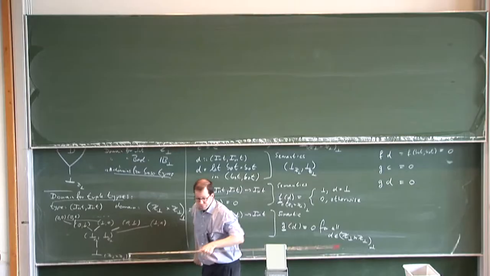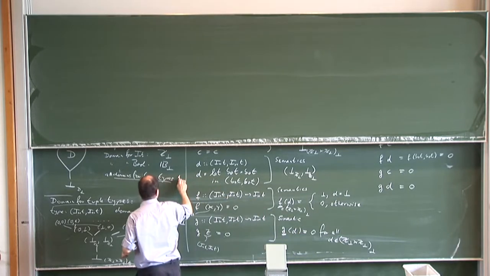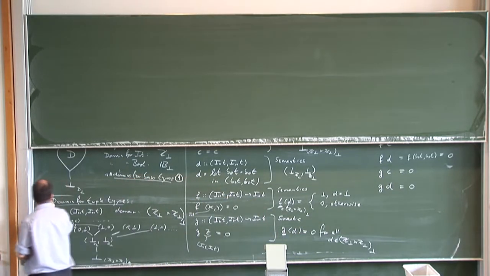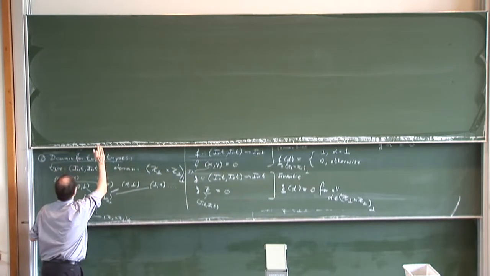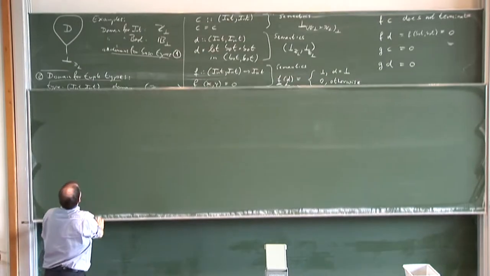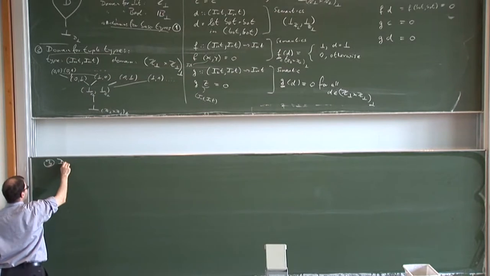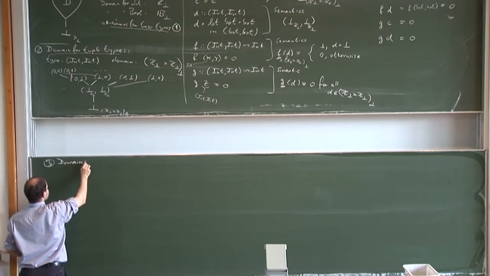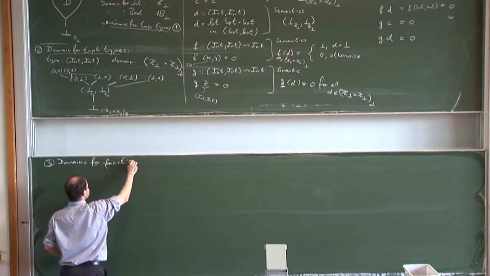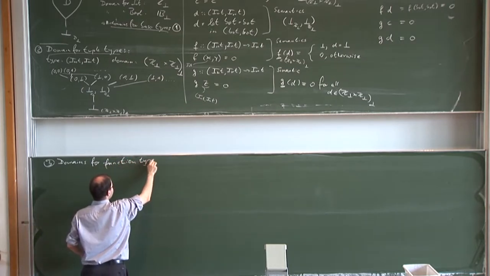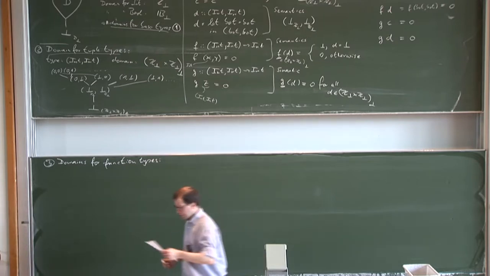So here, step 1, we had domains for base types. Step 2, we had domains for tuple types. Now, step 3, domains for function types. Now that we have already defined, that I will simply recapitulate.